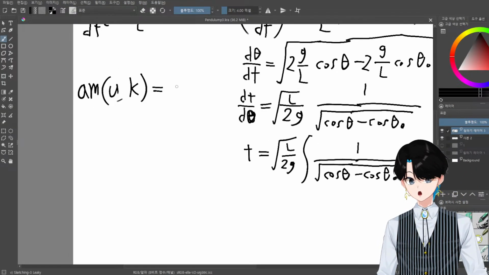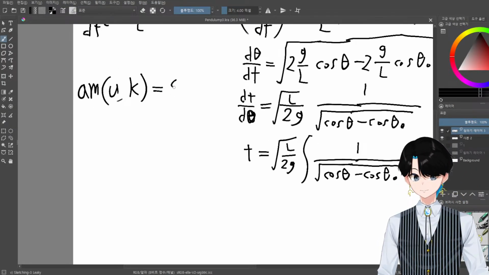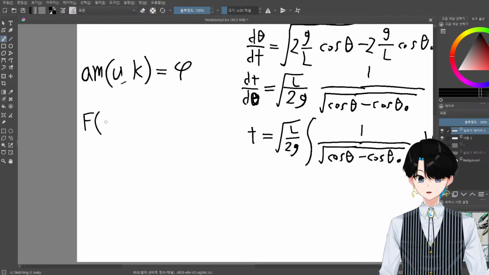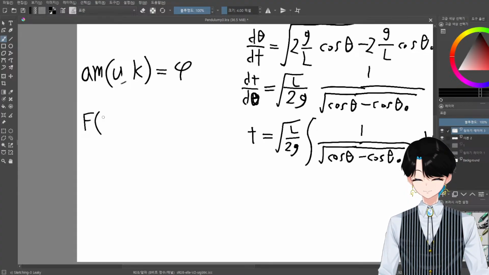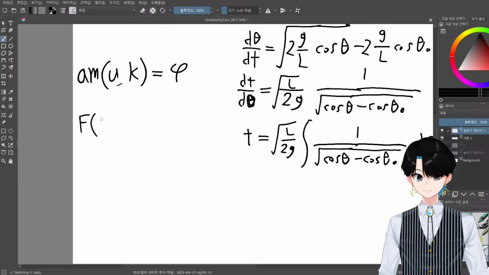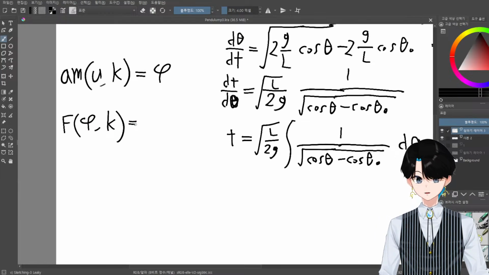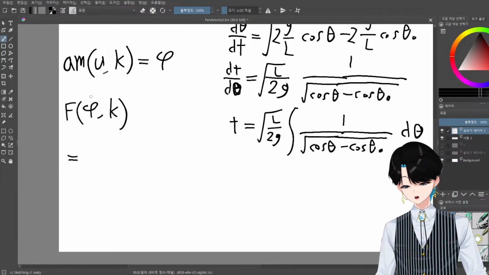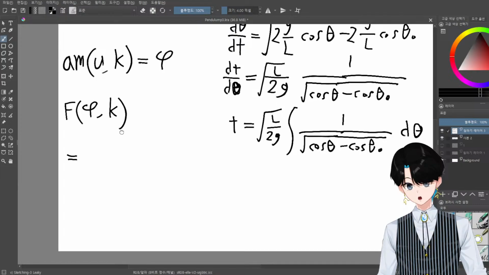Yeah, it was this one, F of phi. It was the inverse of the incomplete elliptic integral of the first kind, which was this.